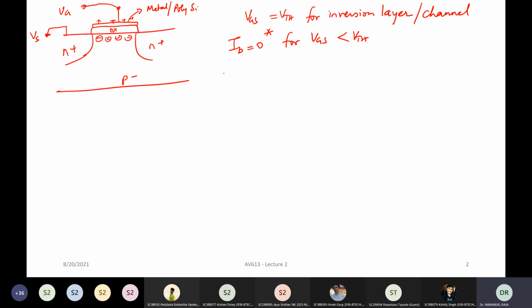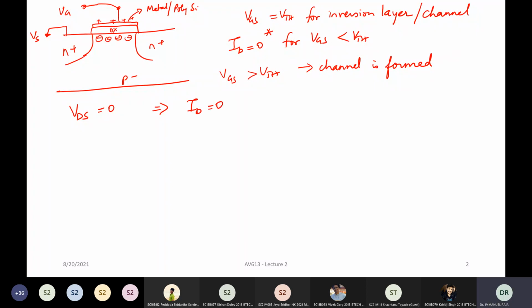Now, for the purpose of this discussion, let's assume that the gate to source voltage is greater than the threshold voltage, which means that the channel has been formed. We saw in last class that for VDS equal to 0, the current remains 0.